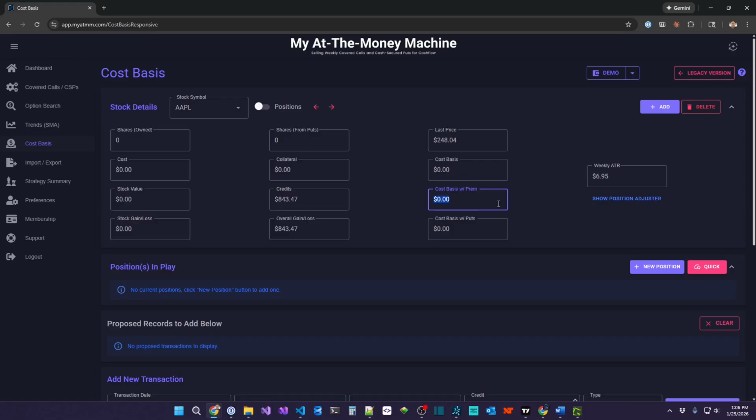You've basically run a continuous wheel strategy on a ticker for so long, you've collected so much in premium, and as long as you keep on selling covered calls above your cost basis without premium, the credits will keep on increasing to where eventually you're going to be negative on a cost basis with premium.